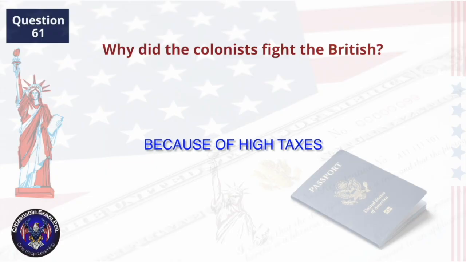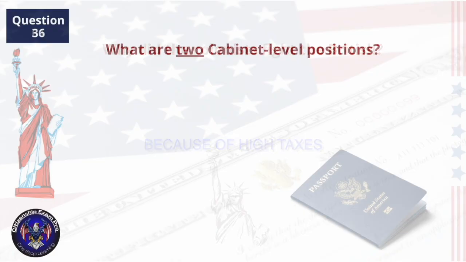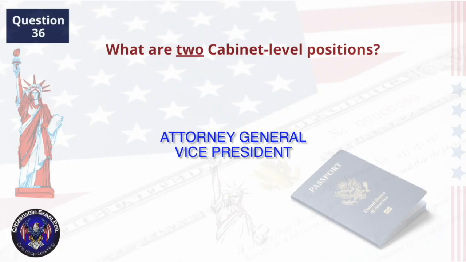Because of high taxes. What are 2 cabinet-level positions? Attorney General, Vice President.